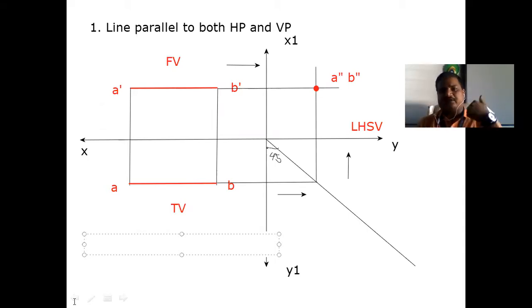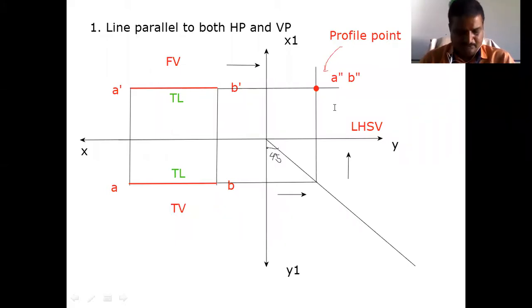Left hand side view or right hand side view will be a point view, and this information we can gather from this first position of the line parallel to both HP and VP. Have you understood it? Yes, sir. Please draw it in your notebook fast.